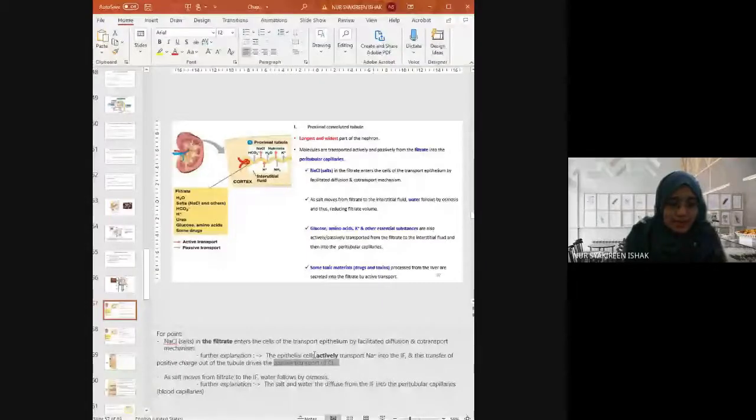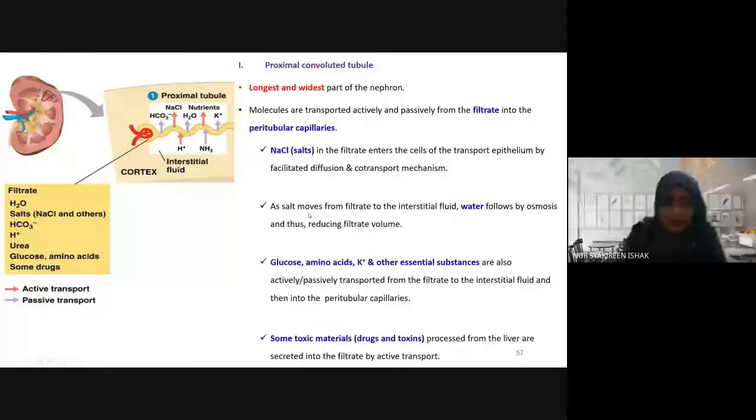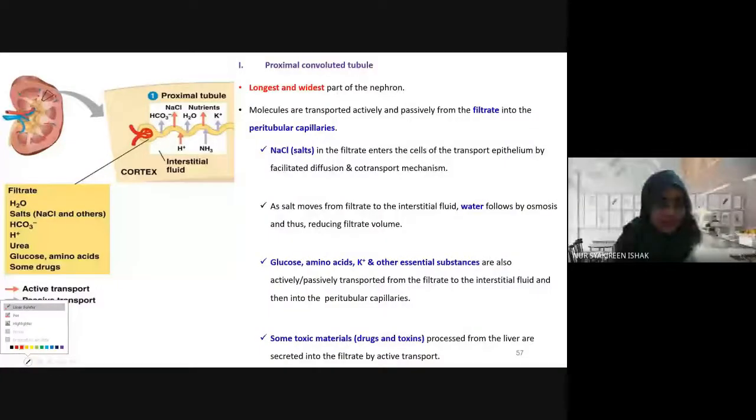Okay. So it says here as salt move from the filtrate into the interstitial fluid. Interstitial fluid is the fluid surrounding the tubule and also the blood capillaries. Okay, so water flows by osmosis and thus reducing filtrate volume. Okay, so the more sodium chloride diffuses out or move out of the filtrate into the interstitial fluid, the surrounding interstitial fluid will be very concentrated.